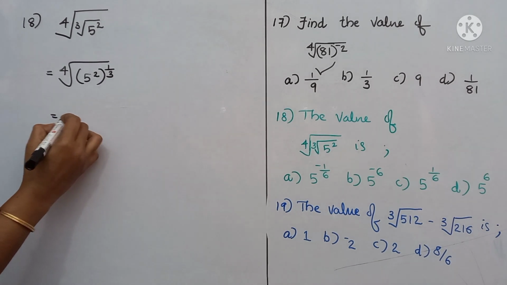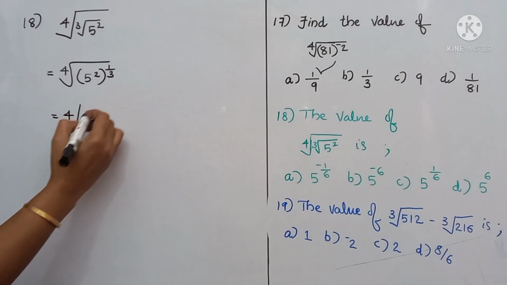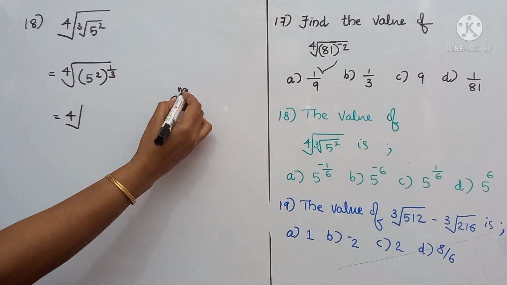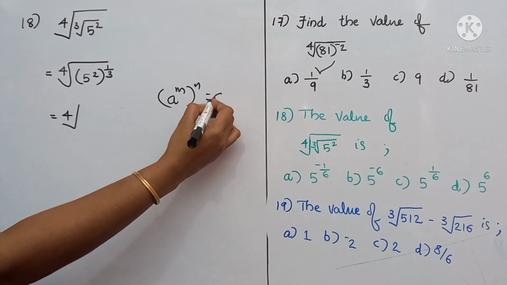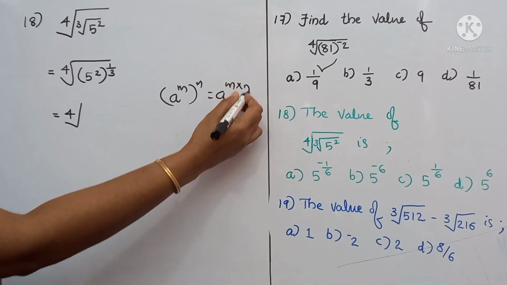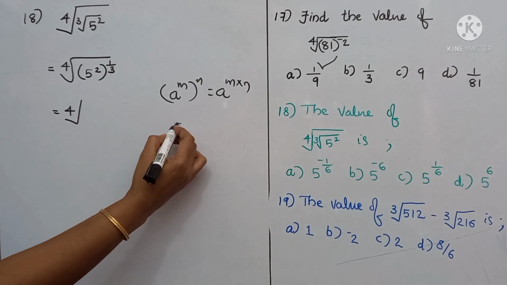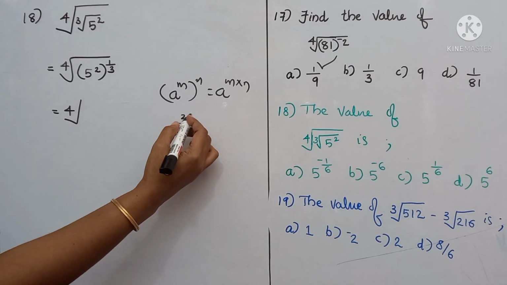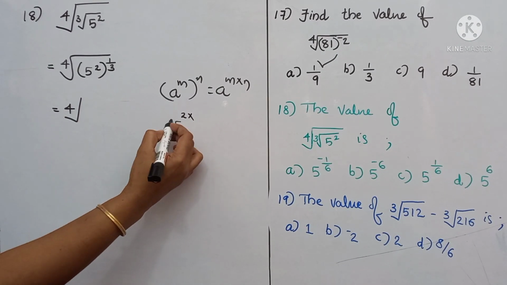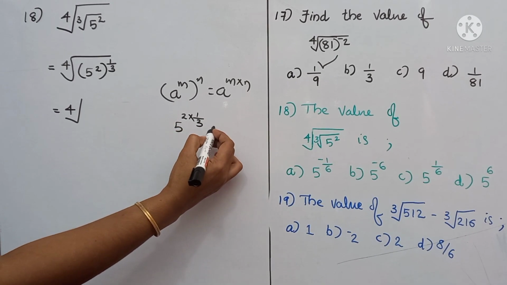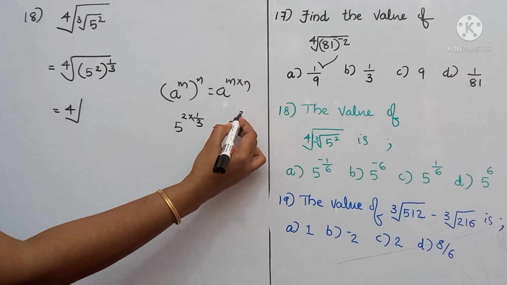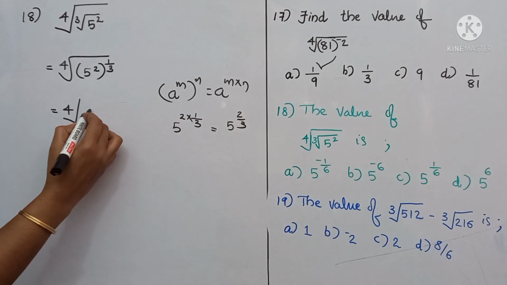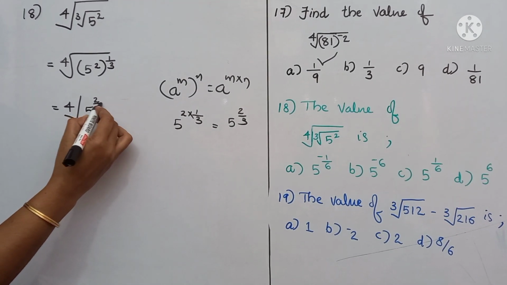Now fourth root of 5 square raised to 1 by 3 means a raised to m, the whole raised to n is equal to a raised to m into n. That is 5 square raised to 1 by 3 means 5 raised to 2 into 1 by 3, that is equal to 5 raised to 2 by 3. Now we have changed this as 5 raised to 2 by 3.